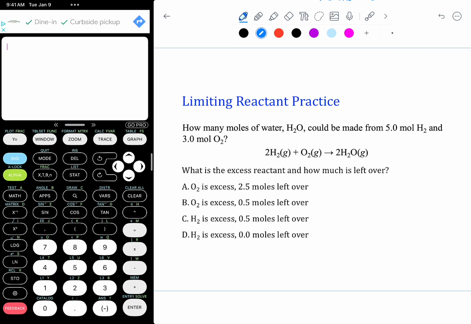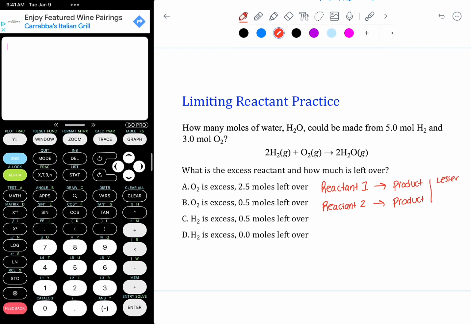What we want to do is take reactant 1 and convert it to the product. We want to then take reactant 2 in a separate conversion and convert that to our product. Whichever one gives us the lesser is our limiting. Lesser is limiting. Whatever is not the limiting reactant is then our excess reactant.